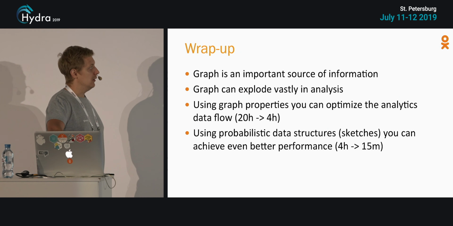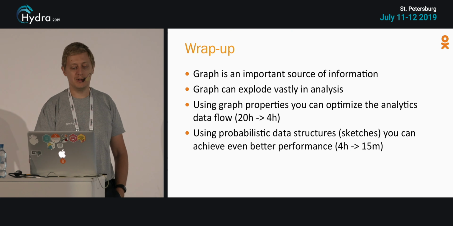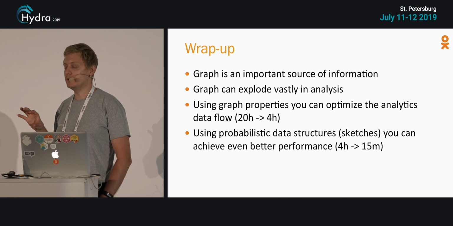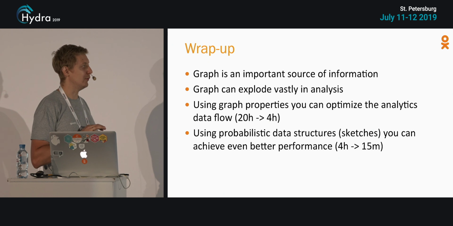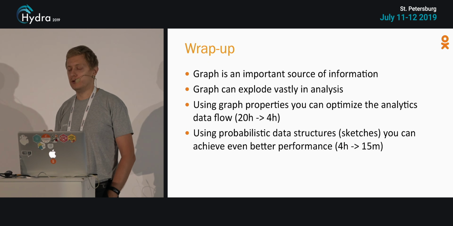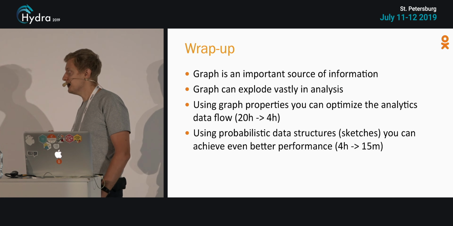That's basically it. So just to wrap up, the key takeaways from the talk. First, graphs are a very important and very useful source of information, and you can mine a lot and use this information to provide your users with better services.